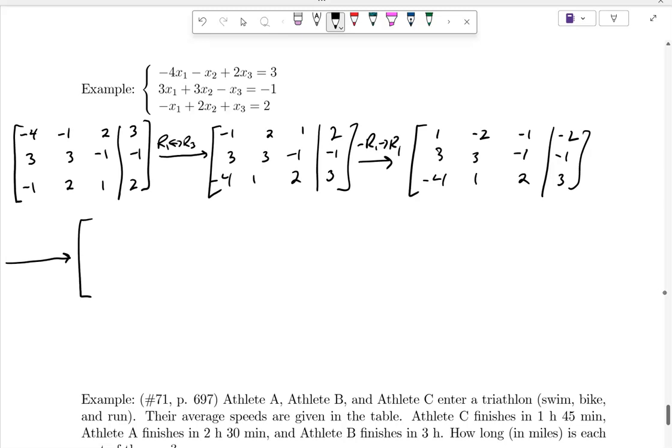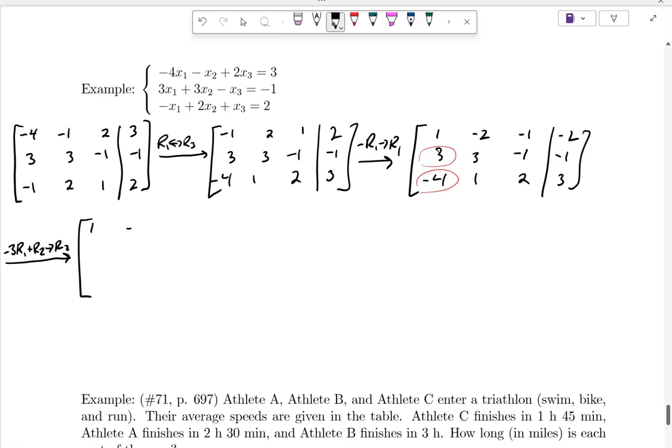All right, what do we want to do next now that we've got the 1? Yeah, you get 0 here and get 0 here, right? To make that 3 into a 0, what do we need to do? Good. Negative 3, row 1, added to row 2, replace row 2.